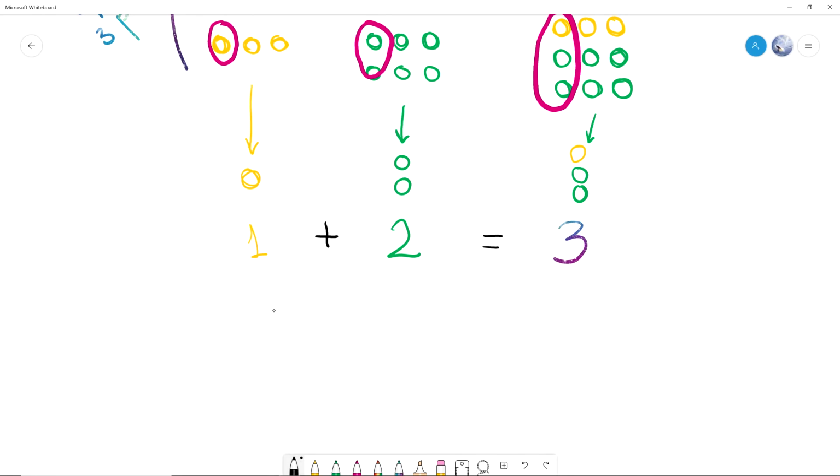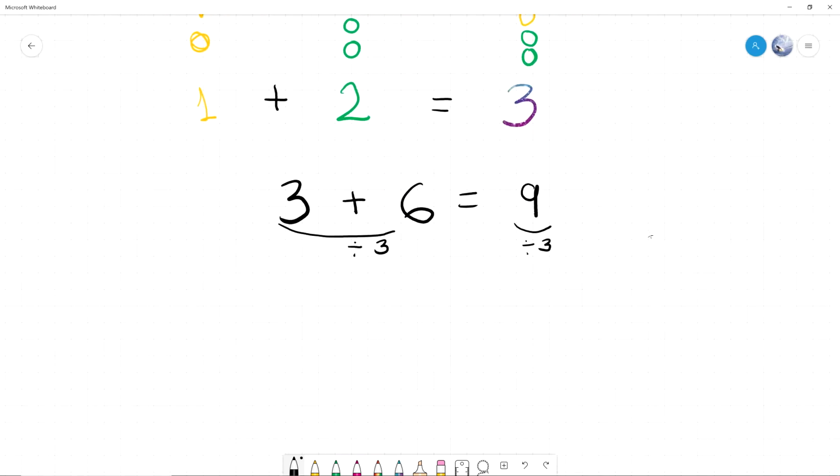We started from the equation 3 plus 6 equals 9. And then what we did is divide this whole equation by 3 and divide the right-hand side also by 3. And when we do that, what happens?